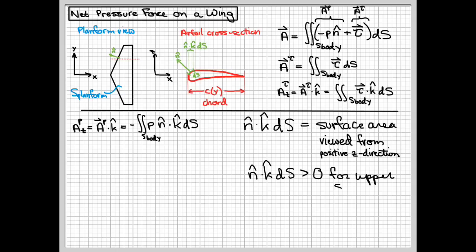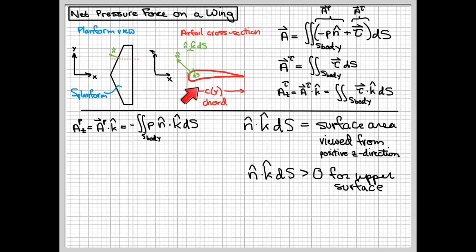Right, so n hat dot k hat ds is the surface area viewed from the positive z direction. It's greater than 0 for the upper surface, because n hat will be oriented roughly in the k hat direction. And then if I look from below, because n hat will be pointed generally downwards in the negative k direction, the lower surface will have a negative value.